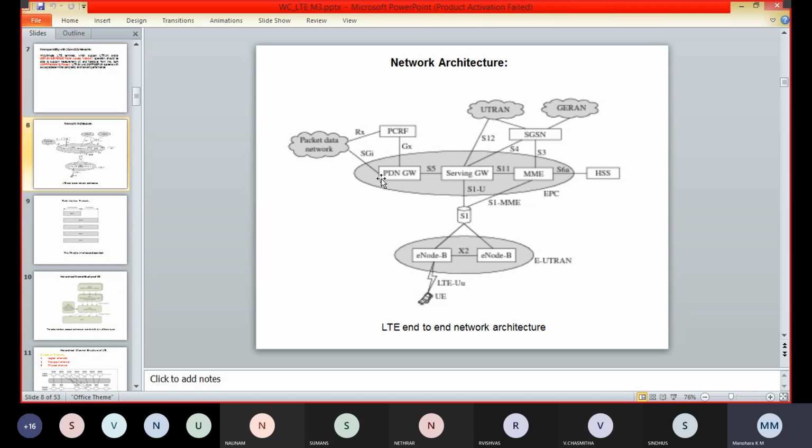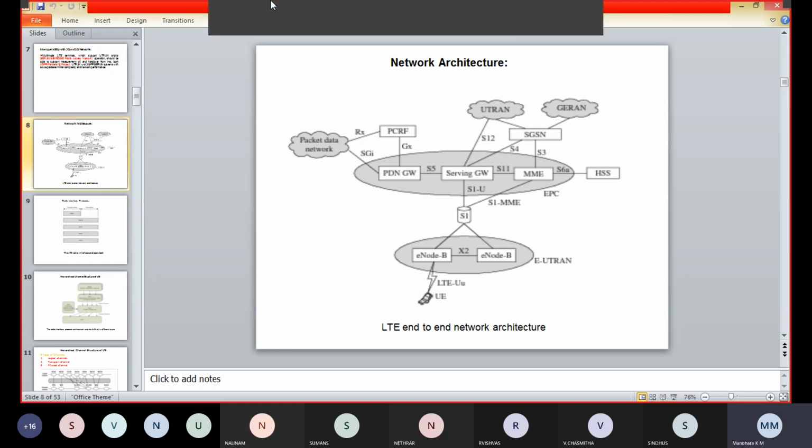It also provides the anchor point for mobility with non-3GPP access. The external PDN can be any kind of IP network as well as the IP multimedia subsystem, the IMS domain. The PDN gateway and serving gateway may be implemented in one physical node or in separate physical nodes.